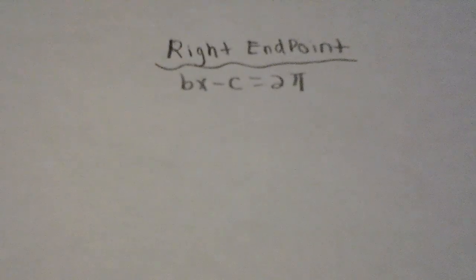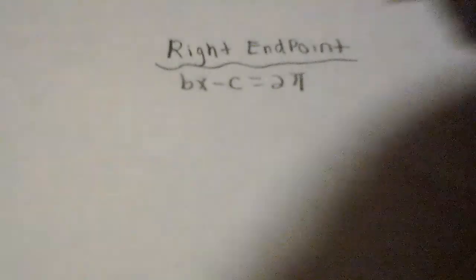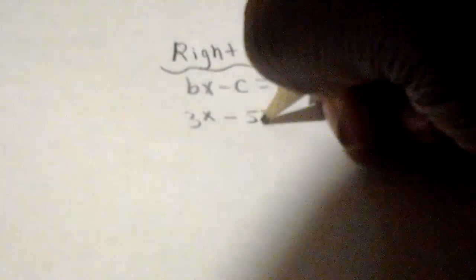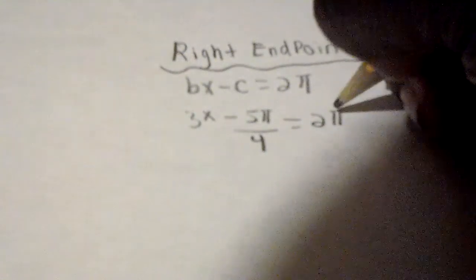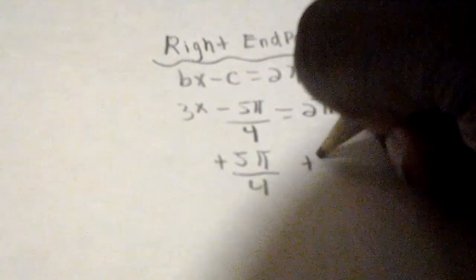Next, I'll do my right endpoint. bx minus c equals 2 pi. That's my right endpoint formula. So, 3x is my b of x, minus 5 pi over 4, which is my c, which is equal to 2 pi instead of 0, like in the left endpoint. Next, I'll add 5 pi over 4 to both sides.